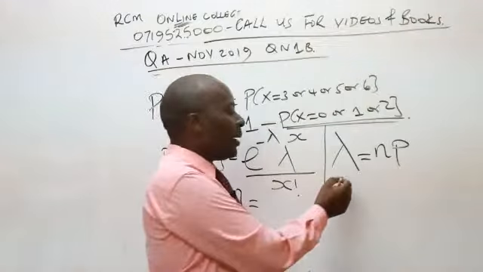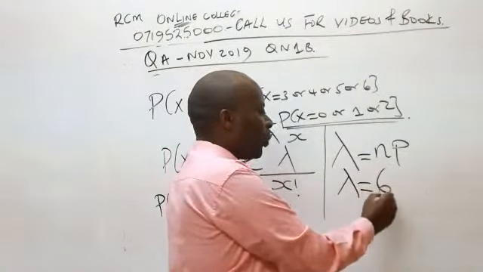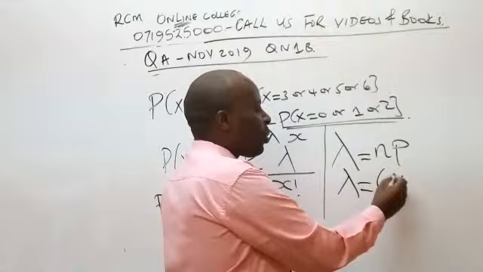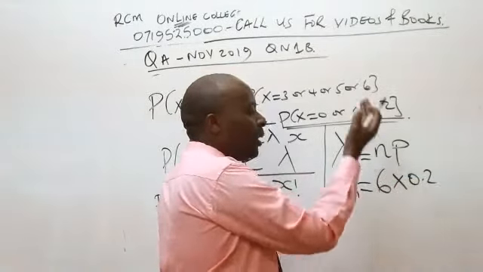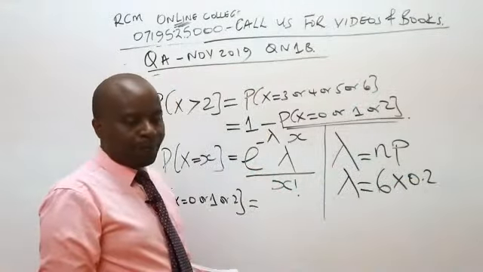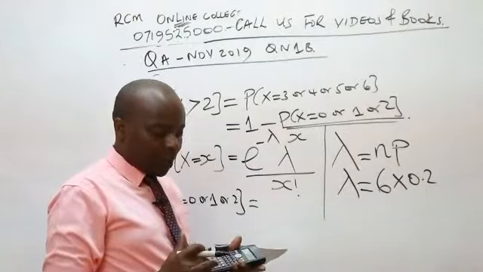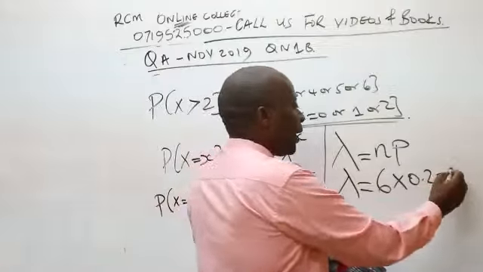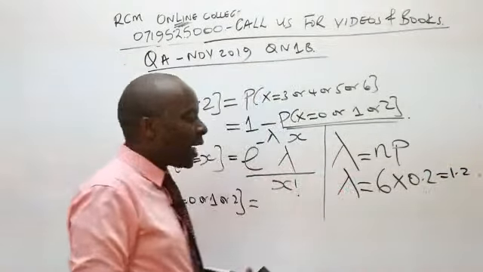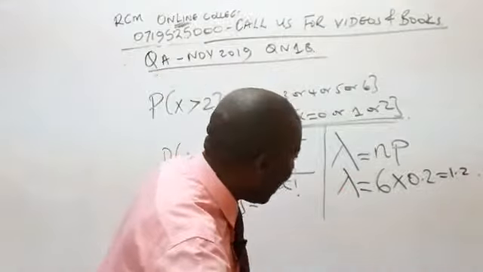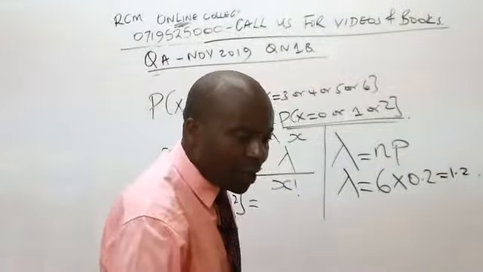So my lambda here will be equal to n, 6, times this probability. If you recall, our p was 0.2. So 6 times 0.2 gives us 1.2.